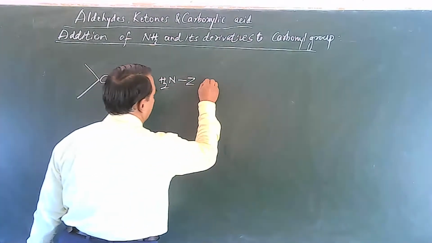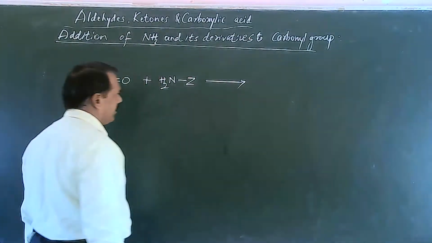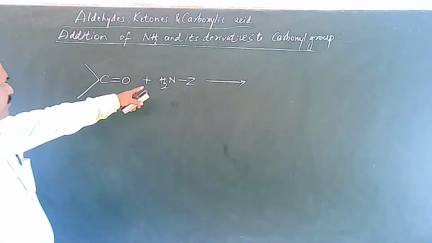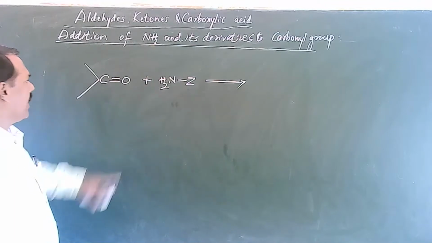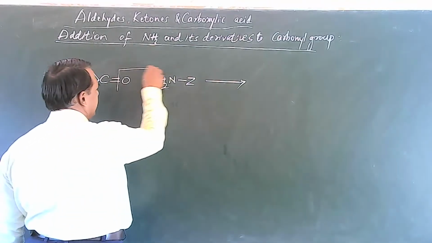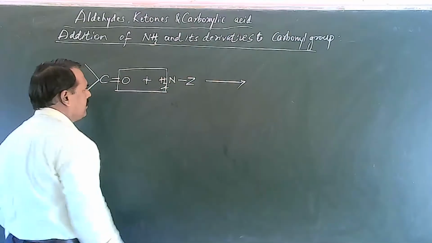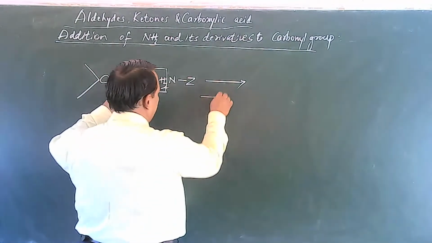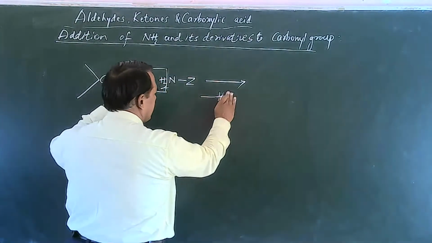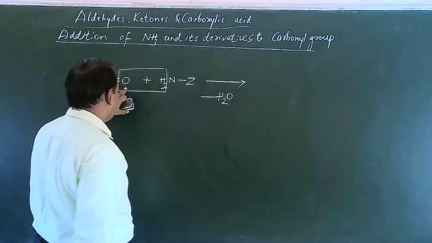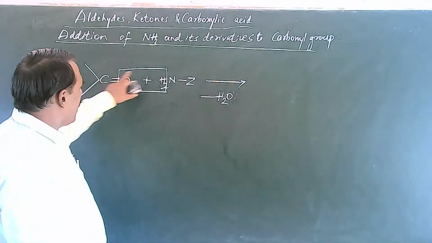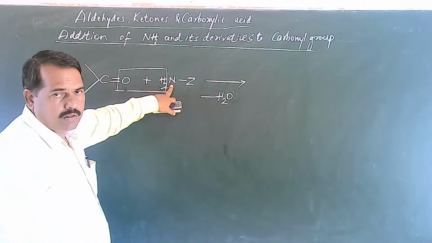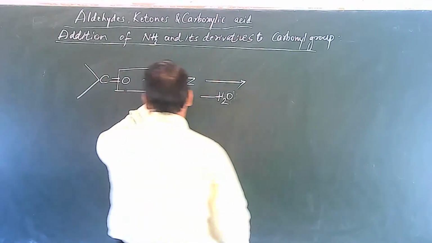In the presence of HCl, rapid dehydration takes place. H2O is removed here, and it forms a carbon to nitrogen bond.